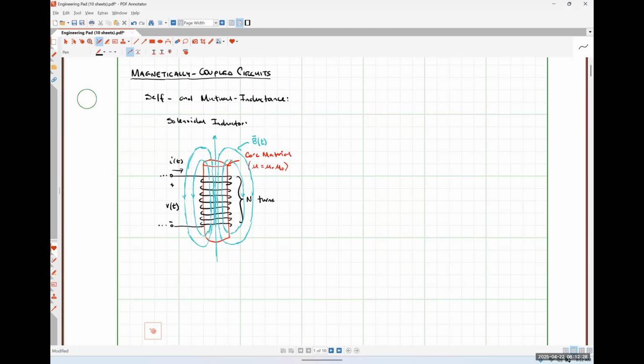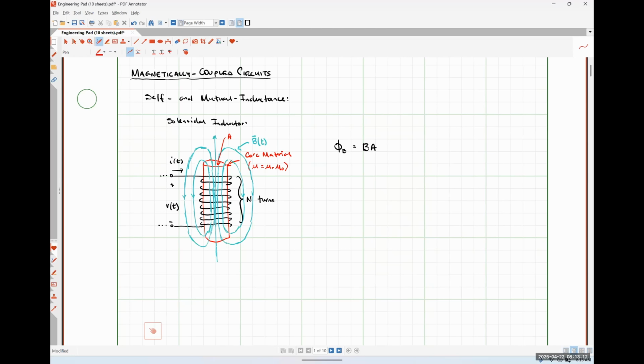In this system, the magnetic flux phi B that is passing through the coil is going to be defined as the product of the magnetic flux density B multiplied by the cross-sectional area of the core material A. Essentially, this area right here is the area A. That's just the area that is perpendicular to the direction that the magnetic field lines are passing through.